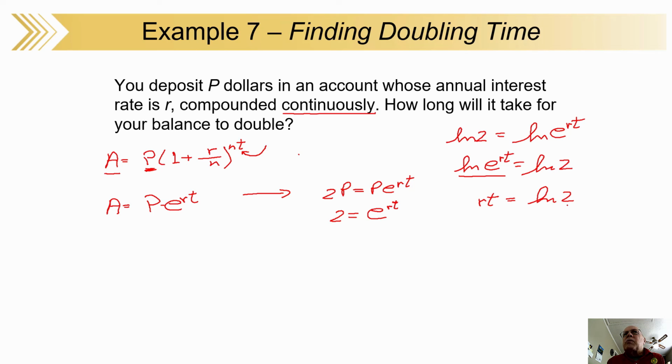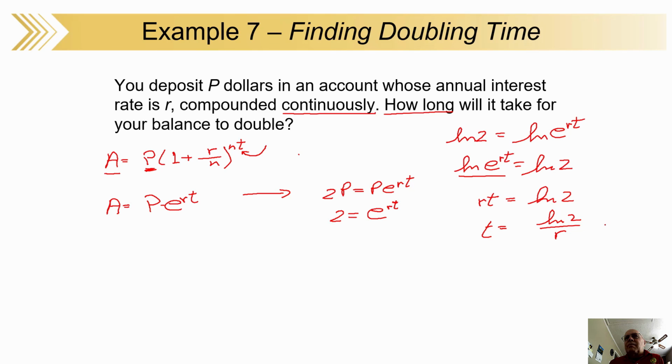And that 2 is because we're doubling our money. If we're tripling our money, if you go back here, this would actually be a 3. But what we want is how long would it take? So we need to solve this for t. Very simple. If this were a 7 here, you divide both sides by 7. It's an r, so you divide by r. And there's your answer.